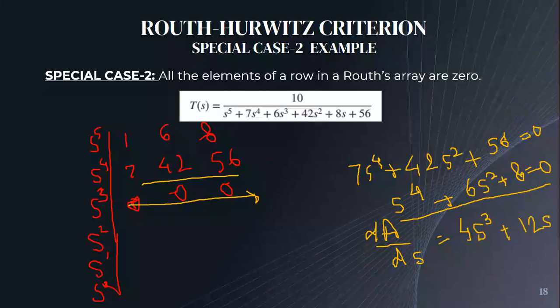So in the terms of s cube, I'll be writing down 4 s cube, then I have 12s. Again I'll be proceeding with the same method to find out the sign changes. So I'll keep this exercise up to you. Just try to find out the sign changes over here, right?